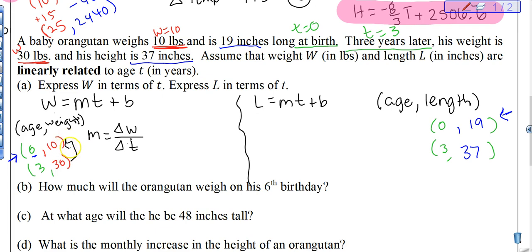I think you can see it. 20, right? It went up 20 when the age went up 3. So there's our slope, and we have our y-intercept, so we should be able to write our equation. W equals 20/3 t plus 10.